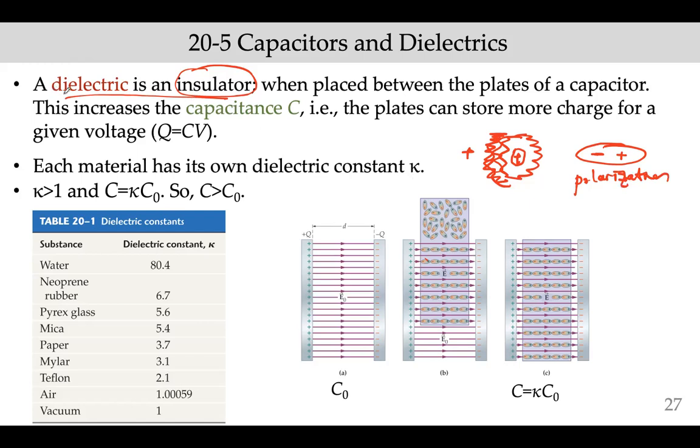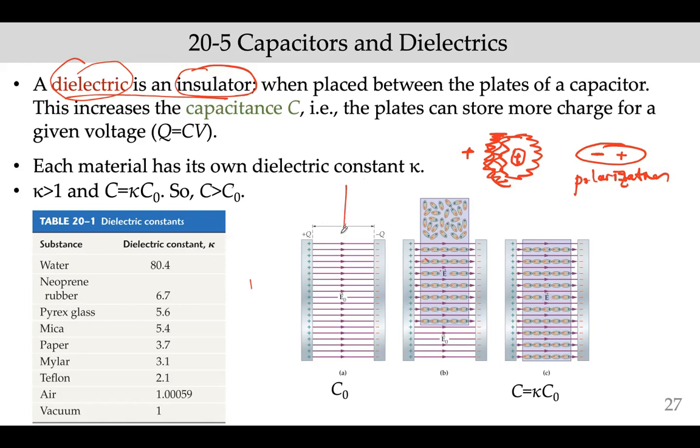Okay, so anything that's placed between the plates of the capacitor, any insulator, we call it a dielectric. And this increases the capacitance. So it's a good thing if you want to increase the capacitance. Remember, you could either increase the area or make D smaller. But there's another way.